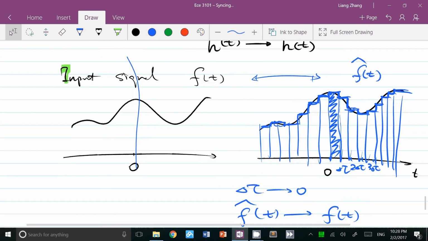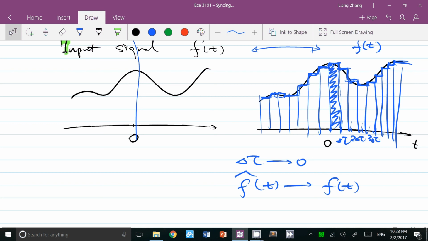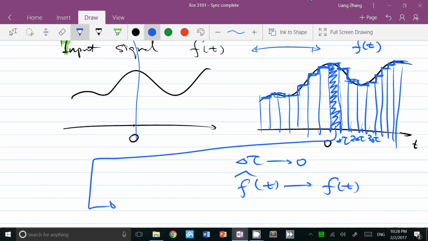So let's see how we can modify this. Now for this particular one, if we want to write delta hat of t, there's one thing we need to mention. We need to know the amplitude.